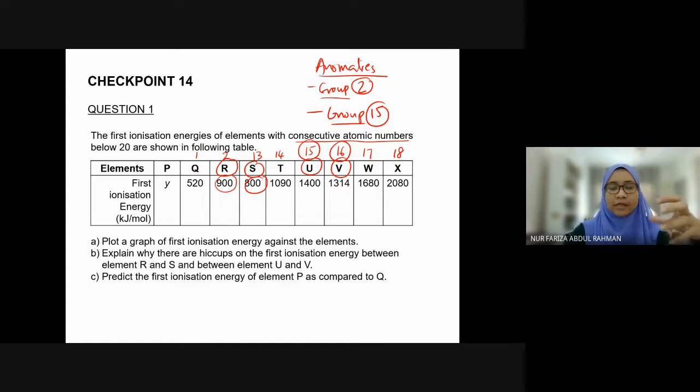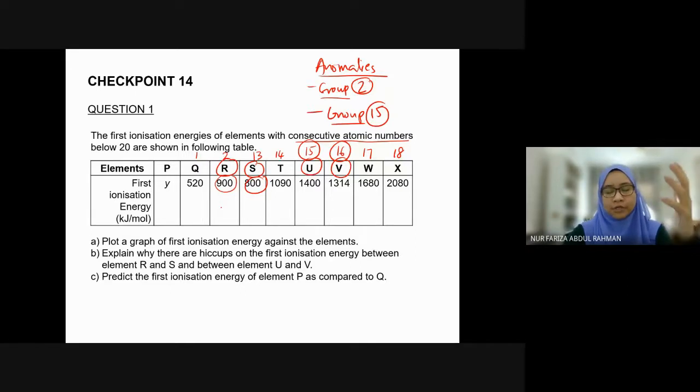The highlight is that R comes from group 2, so R has a full-filled s orbital.